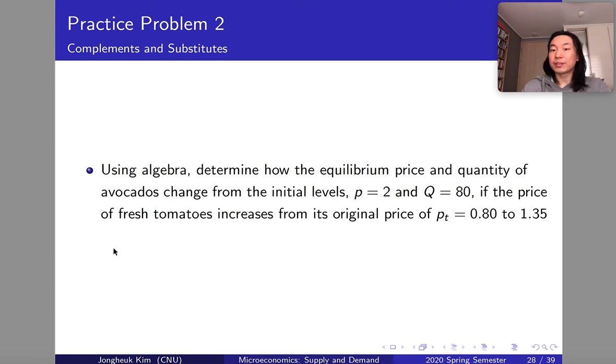Huge inflation in the tomato market. So this is the change of the avocado's substitute. Now we assume there will be some effect on the avocado market. The tomato market does not appear in this problem, but we know that avocado and tomatoes are substitutes for each other. So the avocado market will be affected by the tomato price change.